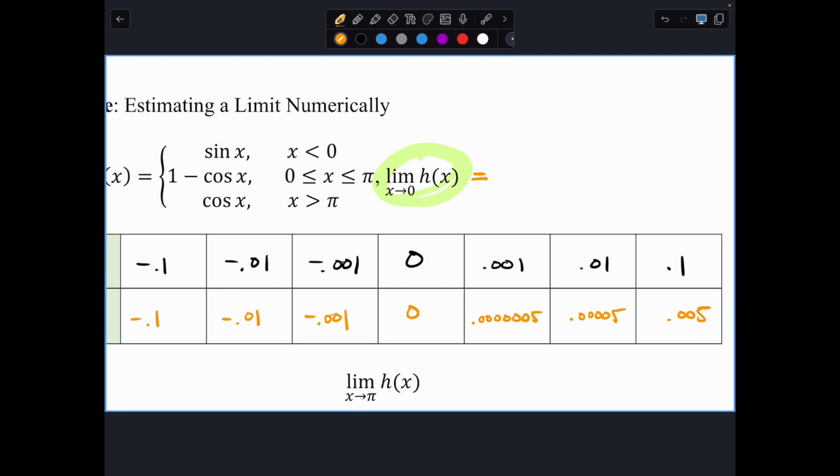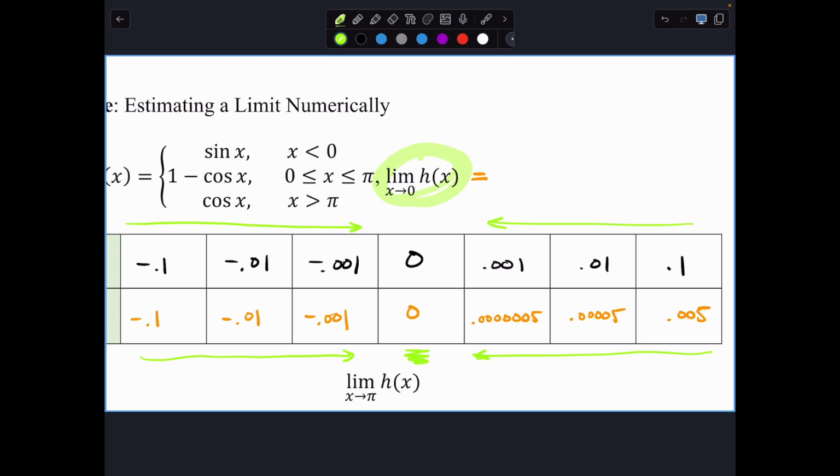Now, as x is approaching 0 from the left, those values for the function seem to be increasing towards 0. Do we see that? And then as x is approaching 0 from the right, the function values seem to be decreasing towards 0.